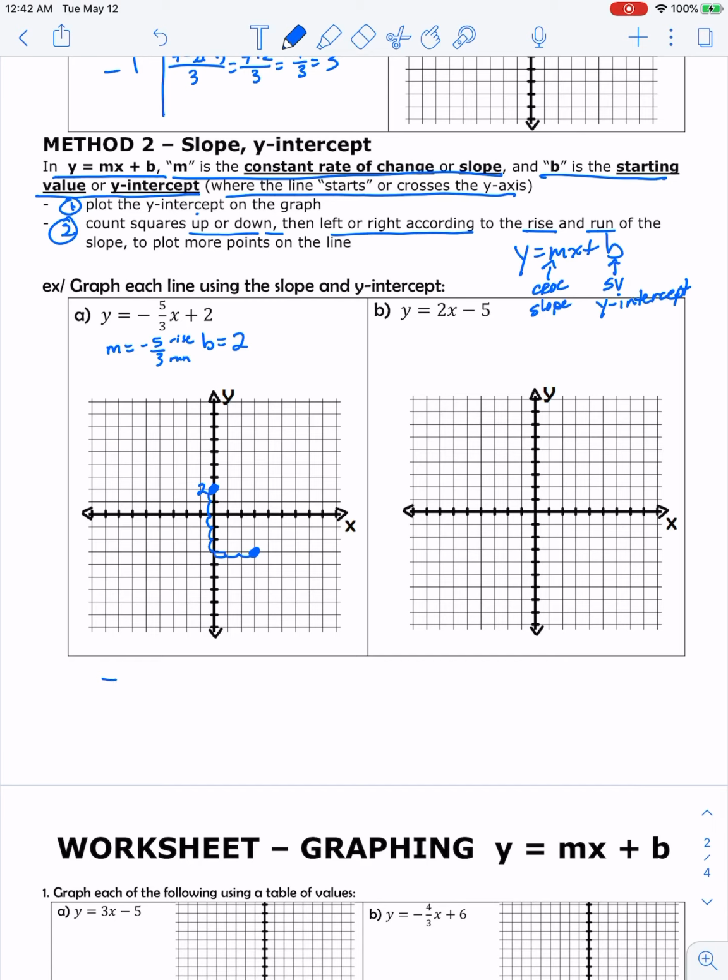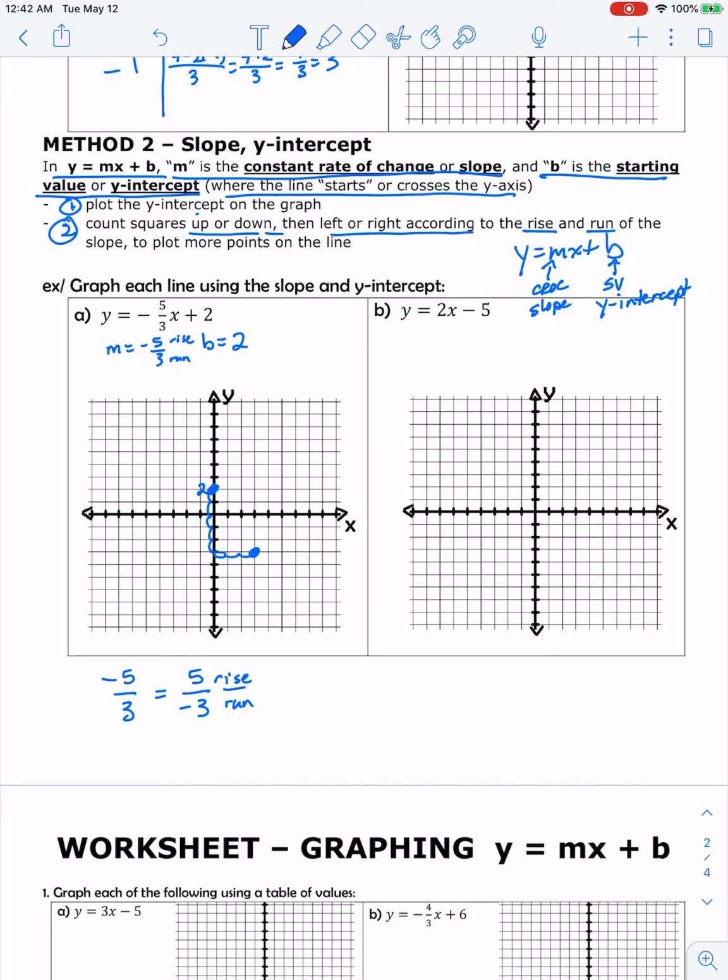Now, -5 over 3 is also the same as 5 over -3. Like I said, that negative sign can go with the 5 or it can go with the 3. It just can't go with both. So the rise is 5, but the run is -3.